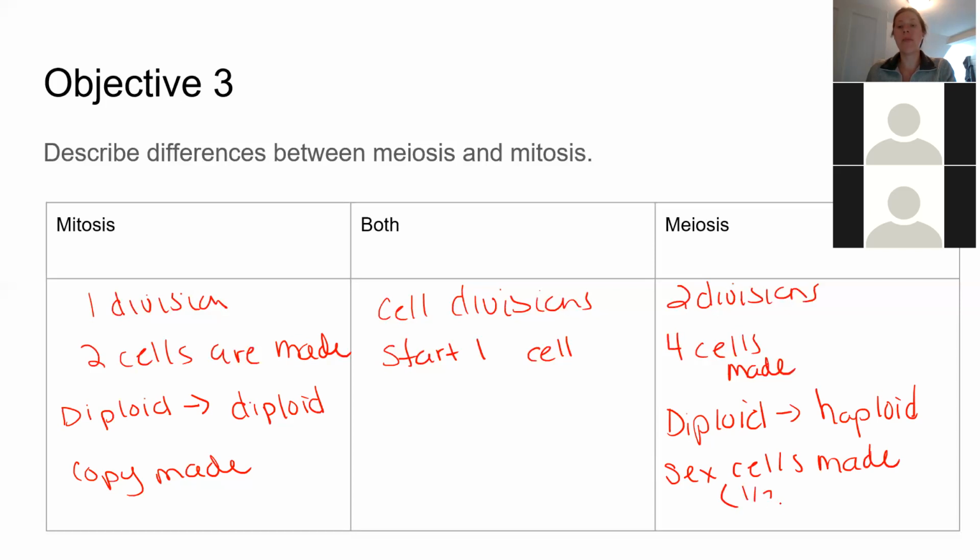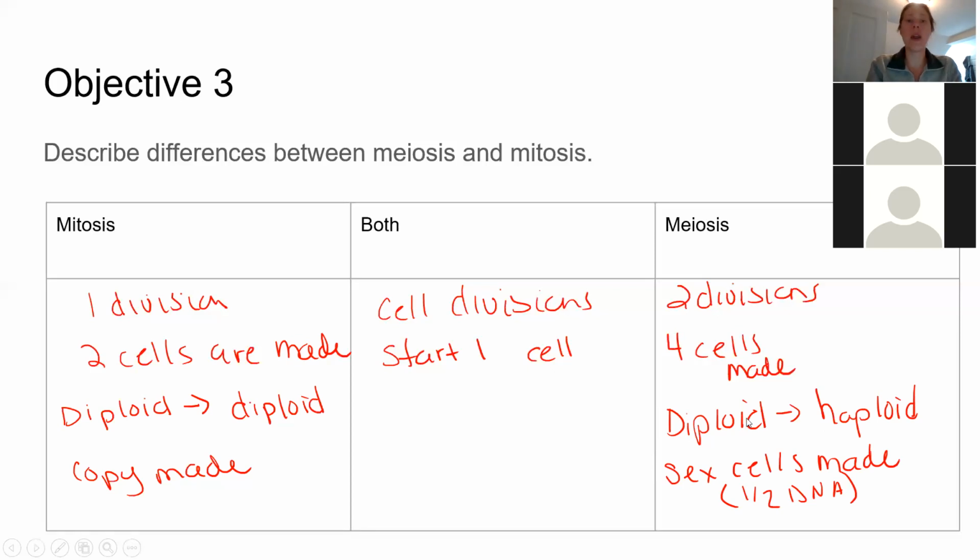So we need half the DNA. So those are some of the biggest differences between mitosis and meiosis, definitely the ones that stand out.